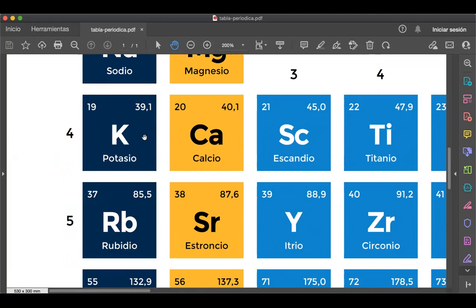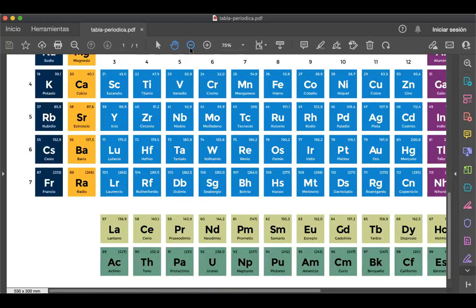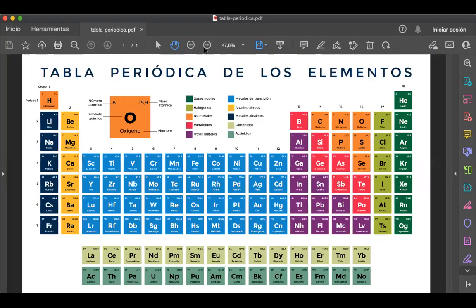The principal idea from this lecture is to analyze these numbers on the potassium atom. Let's begin. This is very important to analyze this information that we have.